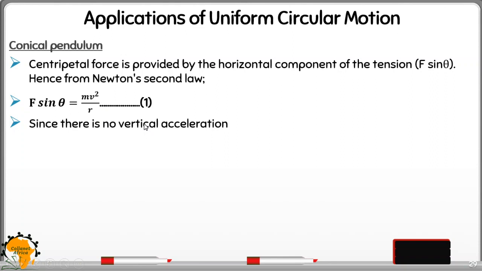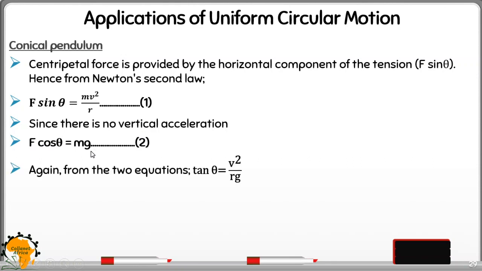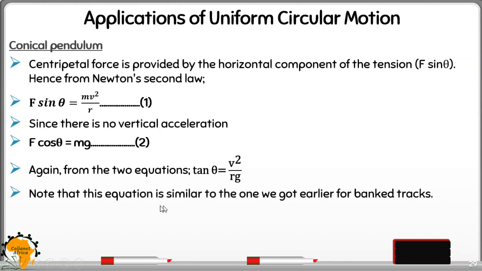Remember, this bob is just moving on a horizontal circle, which implies that F cos theta is the same as the weight, that is mg. Again, from the two equations, if you divide to get tan theta, that is sine theta over cos theta, you will get the same expression, that tan theta is equal to v squared over rg.